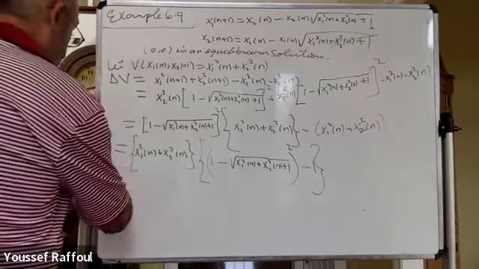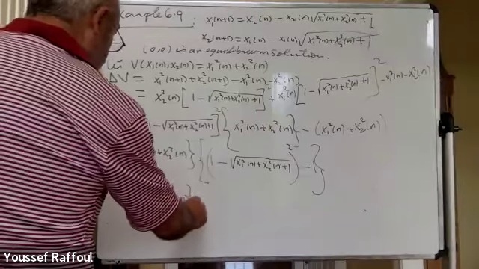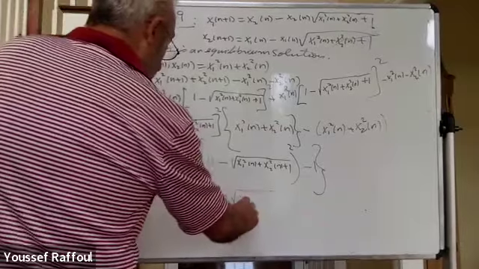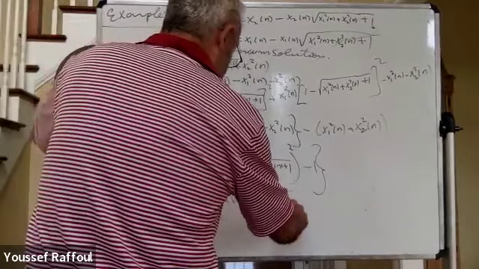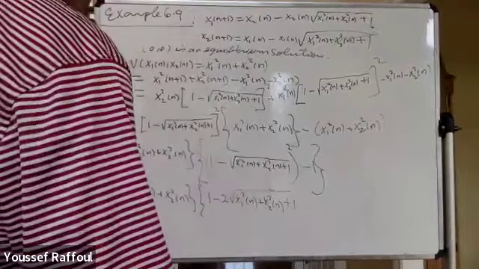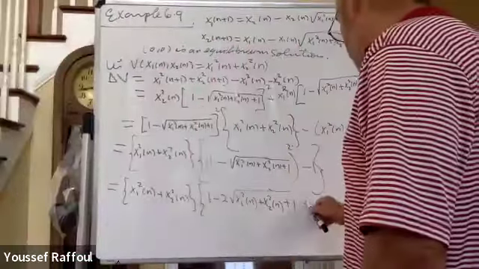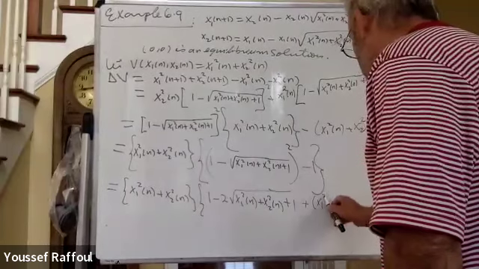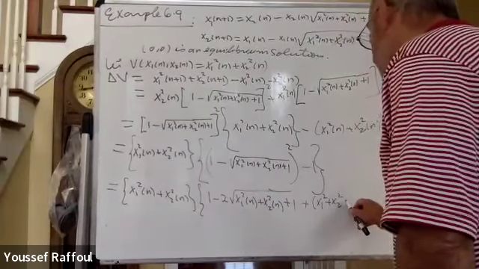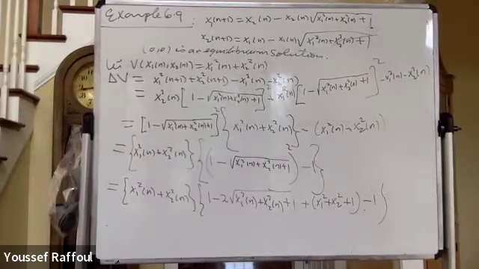So let's see what this is. x1 squared of n plus x2 squared of n times 1 minus 2 square root of x1 squared of n plus x2 squared of n plus 1, plus x1 squared plus x2 squared plus 1, minus 1.